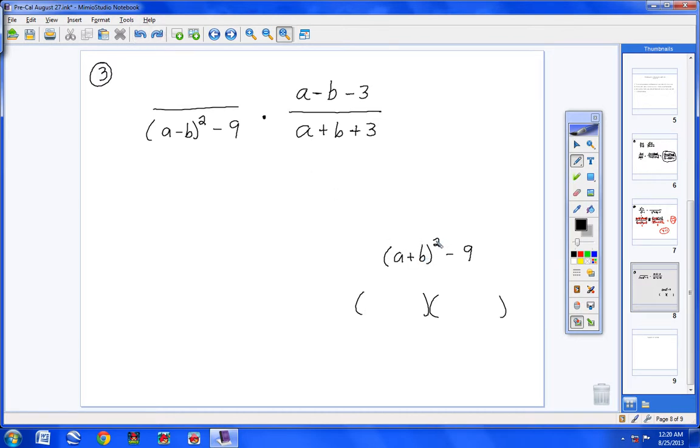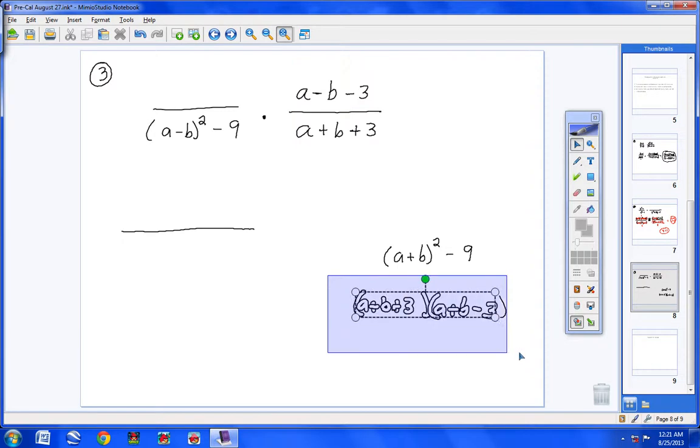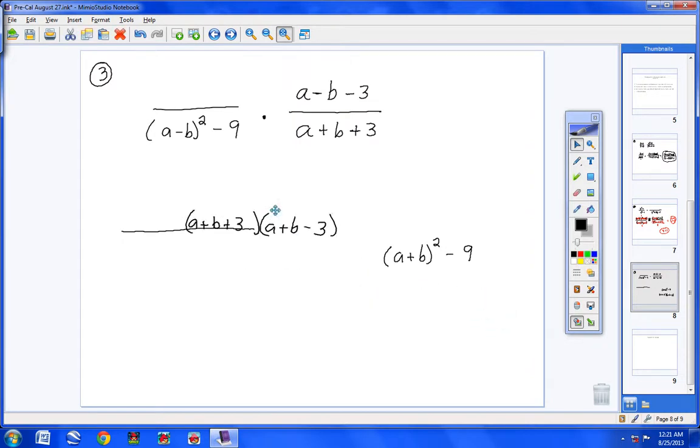I have a plus b squared, so the square root of a plus b squared would be a plus b, a plus b. And the square root of 9 would be 3. So we put a 3 here and a 3 here, make one positive, make one negative. Now that might be really confusing to you, but that's a really cool deep thinking problem, and that works.